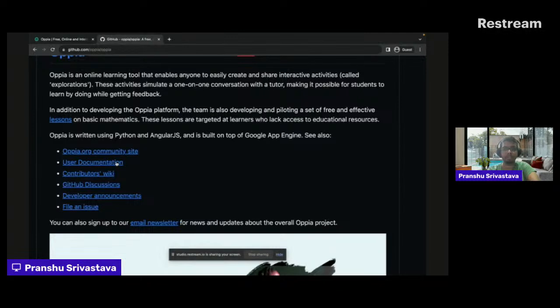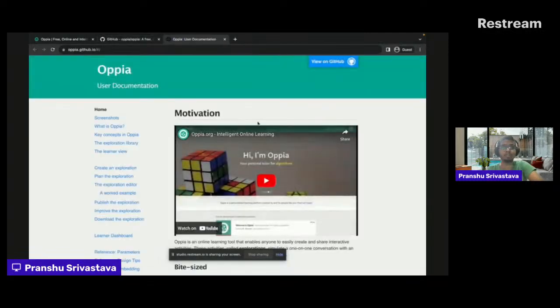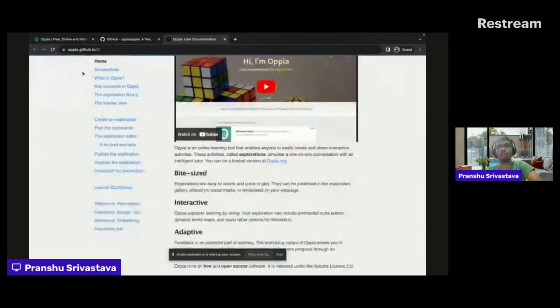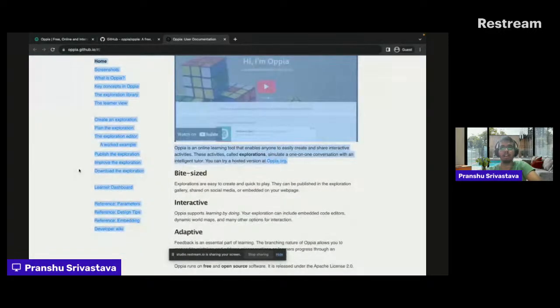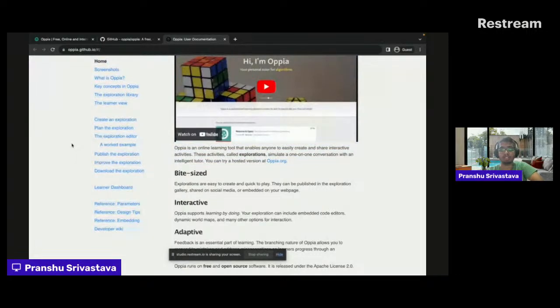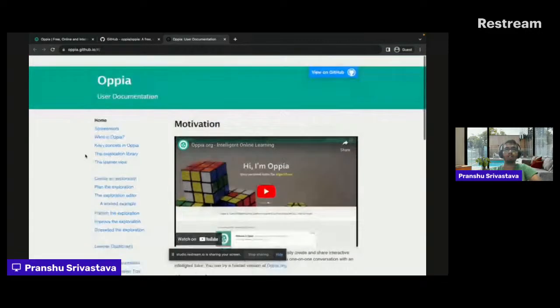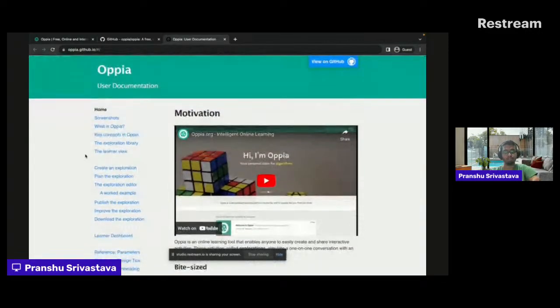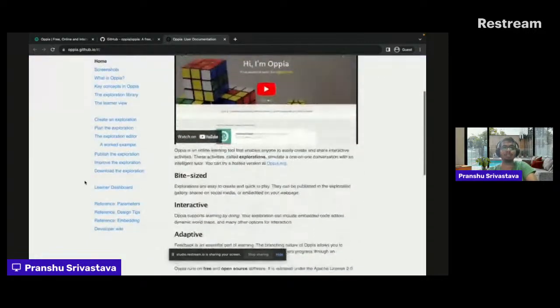So if you see the user documentation, all of the information about the technology of the project has been abstracted in this user documentation, because anyone who's using this documentation, or who wants to teach on Opia, does not need to know how this Opia website is built, or how people are contributing code to it, what services it is using.